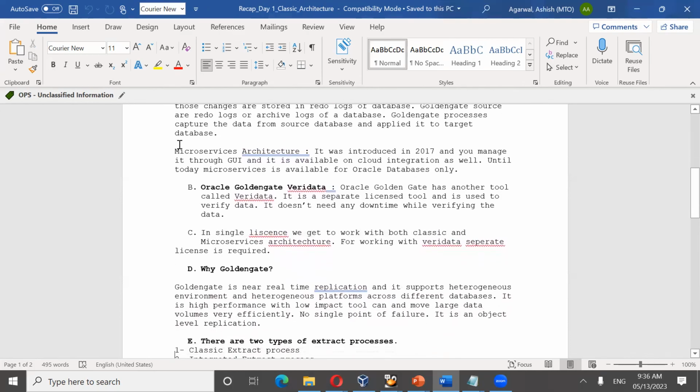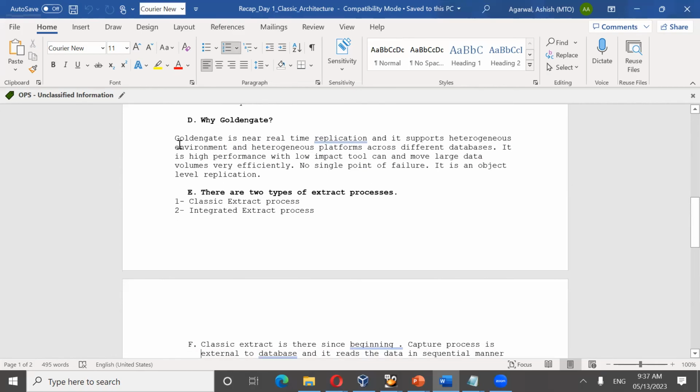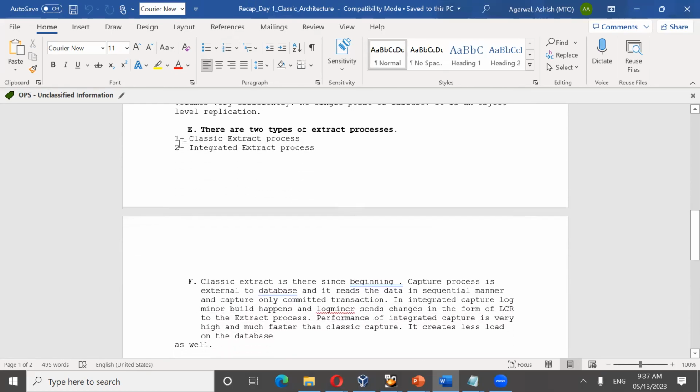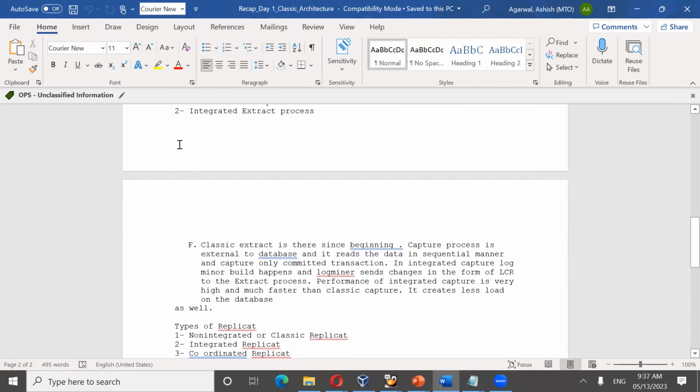GoldenGate is near real-time replication. It supports heterogeneous environments and platforms across different databases. There are different types of extract processes, classic and integrated. Classic extract has been there since the beginning, and integrated is the latest one.